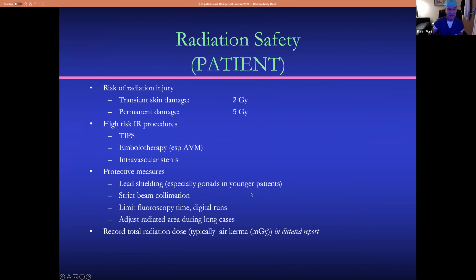Lead shielding as needed, particularly for gonads in younger patients, always collimating the beam, limiting fluoroscopy and digital time, and making sure that the detector is as close to the patient as possible. That minimizes scatter. Also limit fluoroscopy time, and adjust the radiation area during long cases. So rather than imaging in AP for 2 hours, move it a little bit.